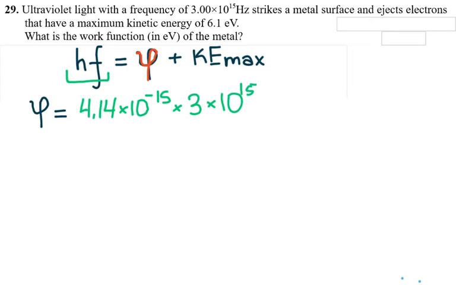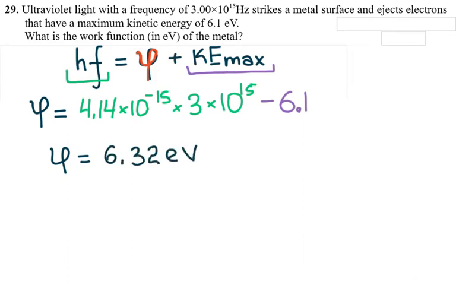I have to subtract the kinetic energy from the energy of the photons, so it's going to be minus the kinetic energy of the electrons, which is 6.1 electron volts. So I get the work function is equal to 6.32 electron volts.